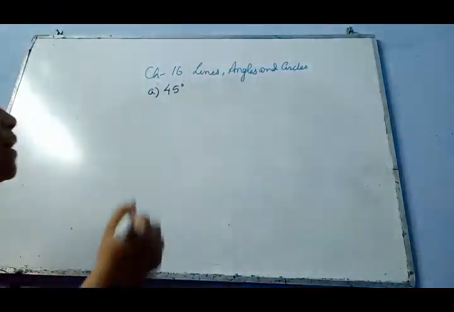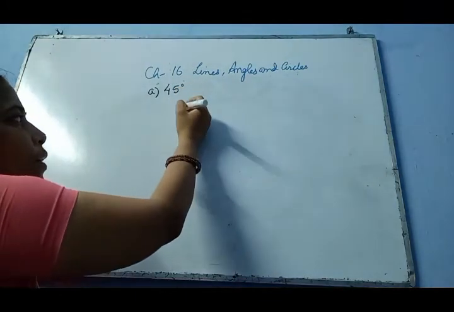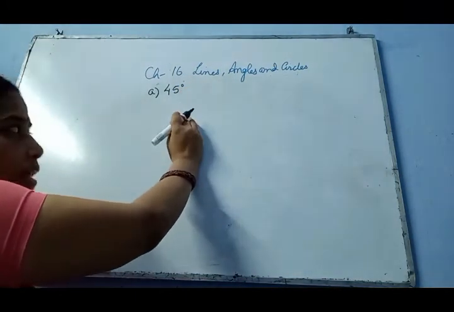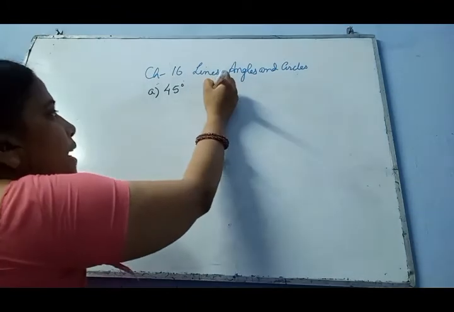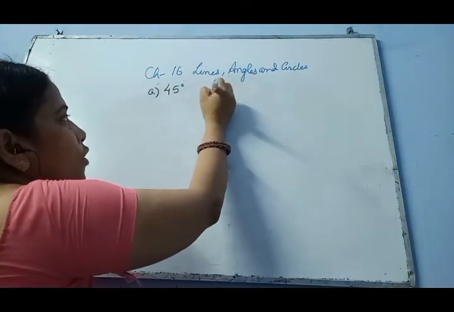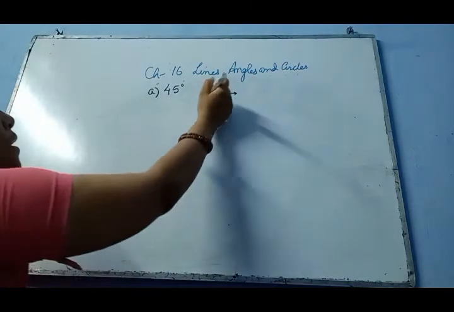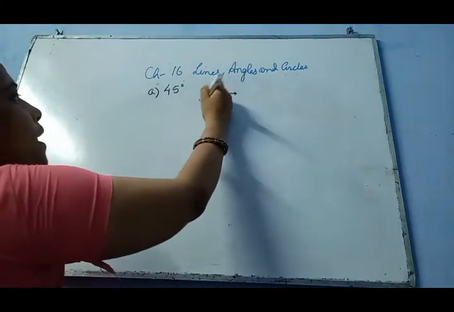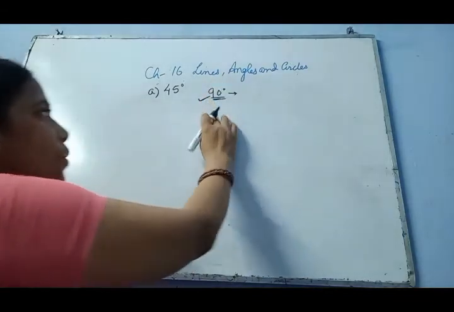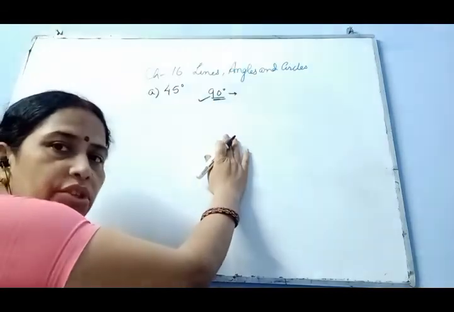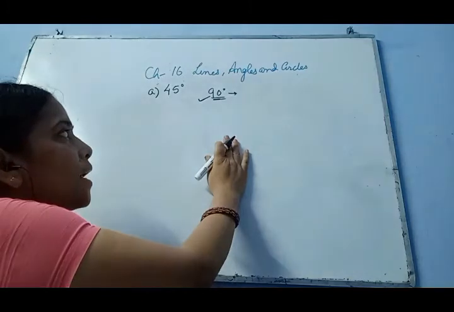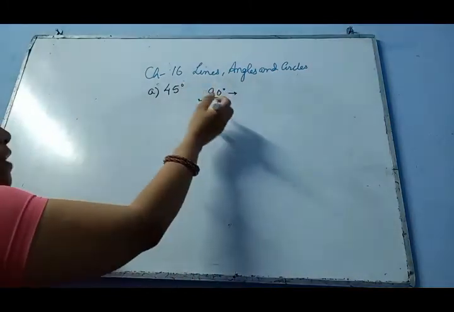What do we mean by a complementary angle? When two angles added together give 90 degrees, or form a right angle, the two angles are complementary angles, or both angles are complements of each other.